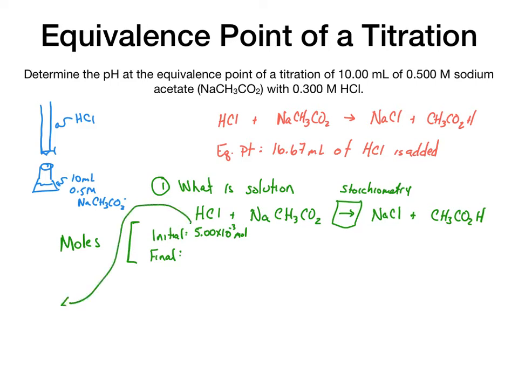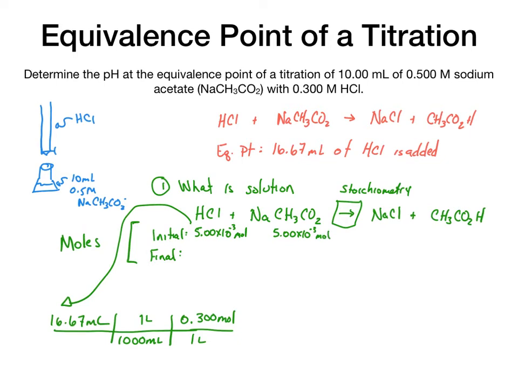So this we found from 16.67 milliliters, converting to liters and using the concentration of the HCl. The sodium acetate, we're going to do the same way, and we find that we have 5 times 10 to the minus 3 moles of sodium acetate. Sorry about that.